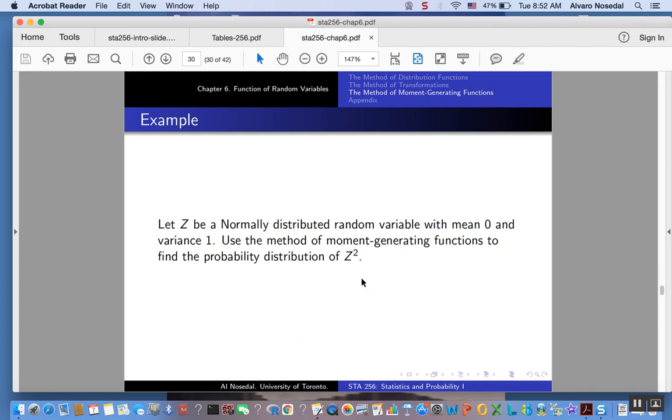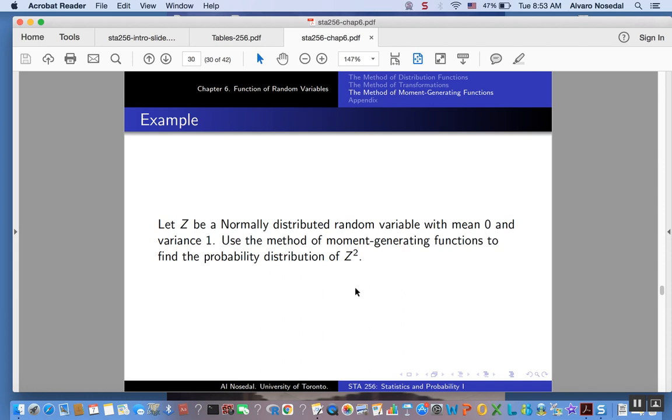That is not going to be the case, but I'm just trying to illustrate the idea behind the MGF method. So say that we ended up with the MGF of a normal, then by the uniqueness property of MGFs, the distribution of that transformation we're interested in must be normal. Again, that is not going to be the case, but I'm just trying to illustrate the main idea. And the main idea is exploiting the uniqueness property of MGFs.